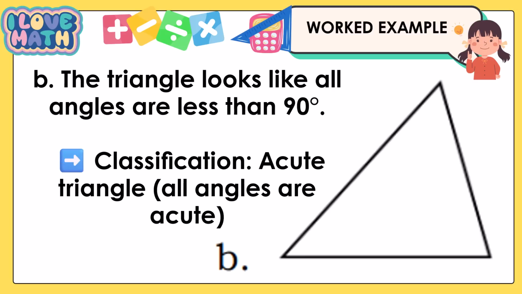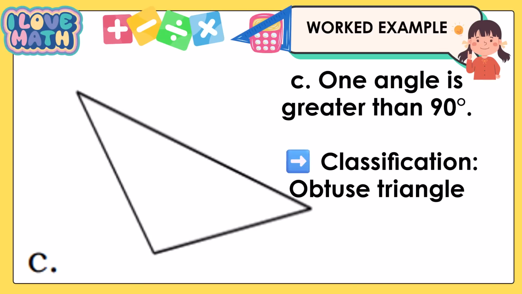B. The triangle looks like all angles are less than 90 degrees. Classification, acute triangle. All angles are acute. C. One angle is greater than 90 degrees. Classification, obtuse triangle.